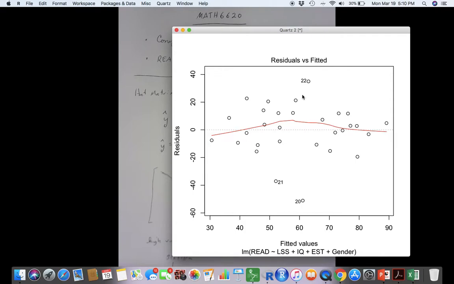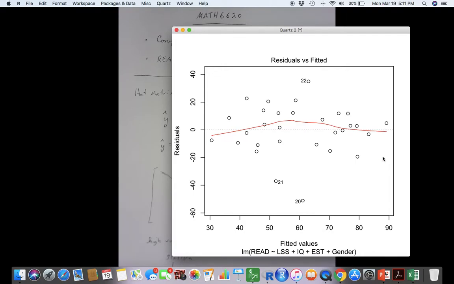What we look for there is around this horizontal line, we look for kind of a bouncing effect where we have randomness of our points. We don't want to see any U-shape or any sort of pattern of the residuals versus the fitted value.